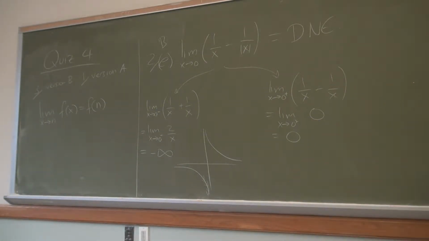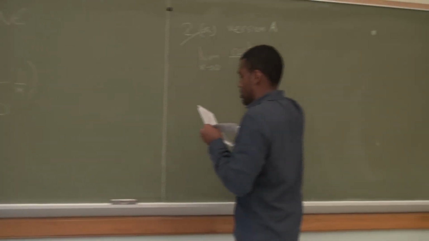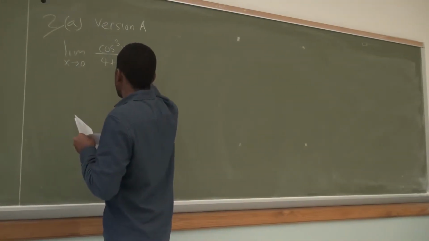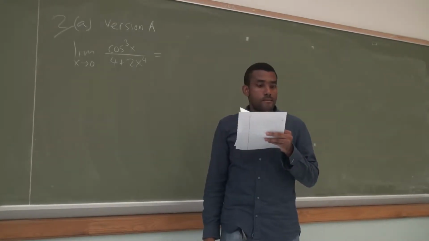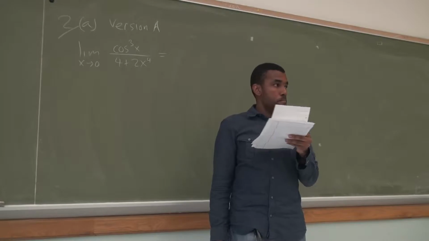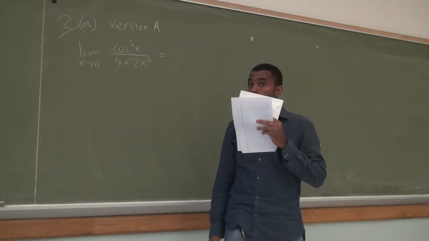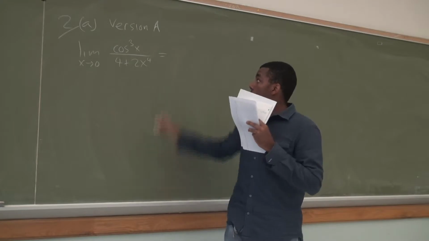Other questions? Can you go over 2A on 4A? It's asking for the limit as x approaches 0 of cosine 2x over 4 plus 2x to the 4th. What do you guys think that's equal to? It's 1 over 4.